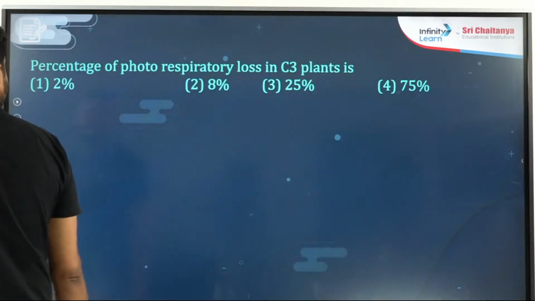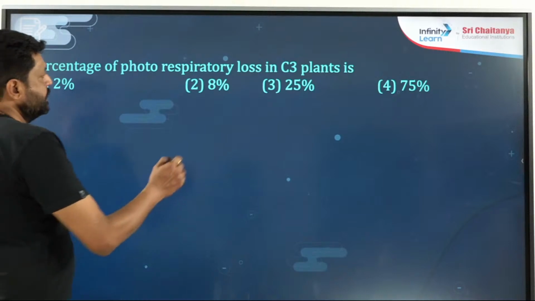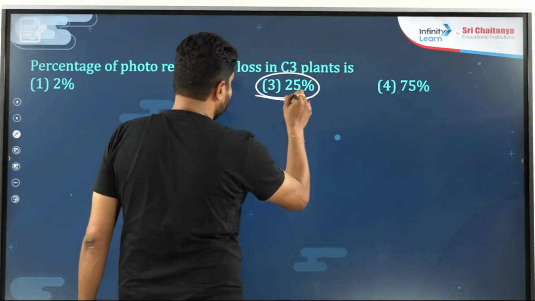So percentage of photorespiratory loss in C3 plants. It is very important. This is 25%.